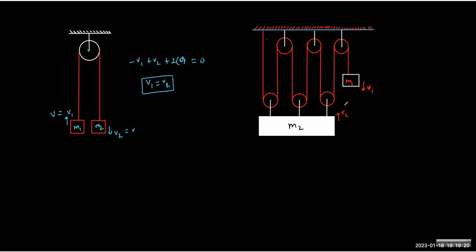If M2 will go up, then all the three connected pulleys will go up. Yes or no? If M2 goes up, then all the connected pulleys will also go up. And all will kind of shrink the length together.